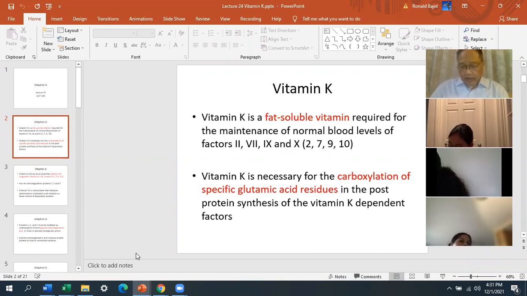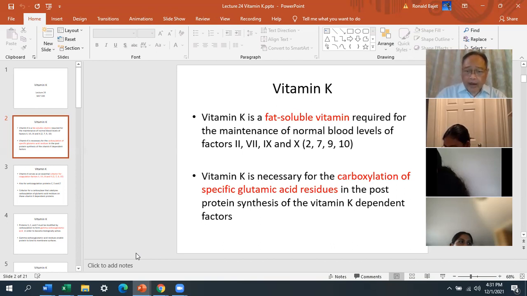Okay, so the description of the carboxylation and gamma glutamic acid. What I say to you may seem a little confusing because it sounds like a lot of biochemistry, but the illustration later on in this lecture hopefully will clarify that.